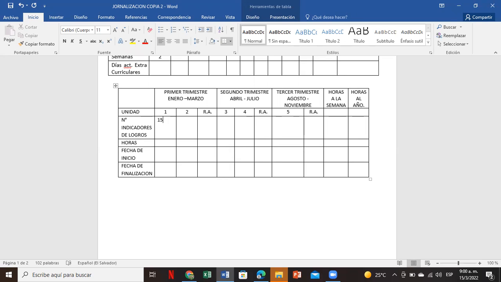So remember, the achievement indicators you invent. Teacher, is it necessary to put like a 1.5, 5.3? No, it's not. You are going to take into account, you are going to count them. For example, if for unit number 1 you got 10 achievement indicators, for unit number 2 you got maybe 11, just write the number that represents how many achievement indicators you are going to use.